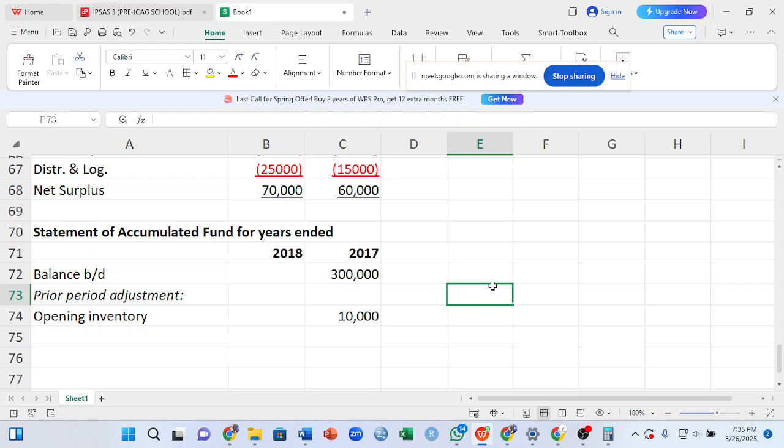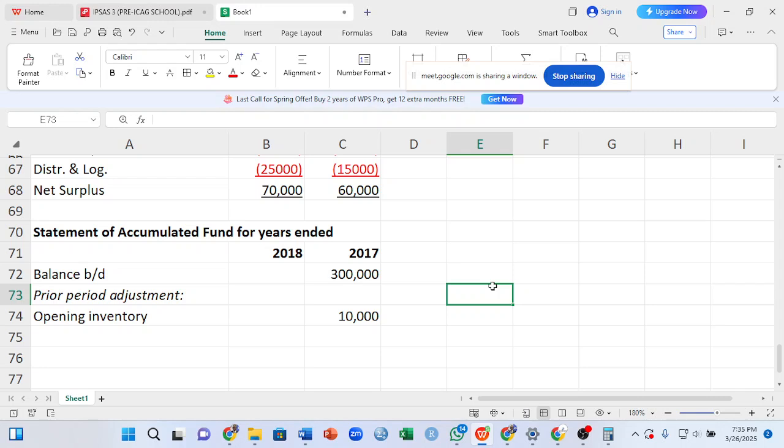Okay, so per my view, this was an increase which is supposed to happen in 2016, which is a closing stock, and it will become an increase on an opening in 2017. In this case, it means 10,000 is supposed to be included in the 2017 calculation as an opening inventory, but it is not.